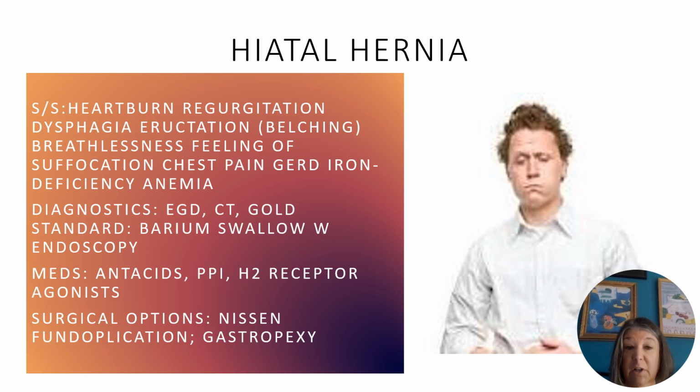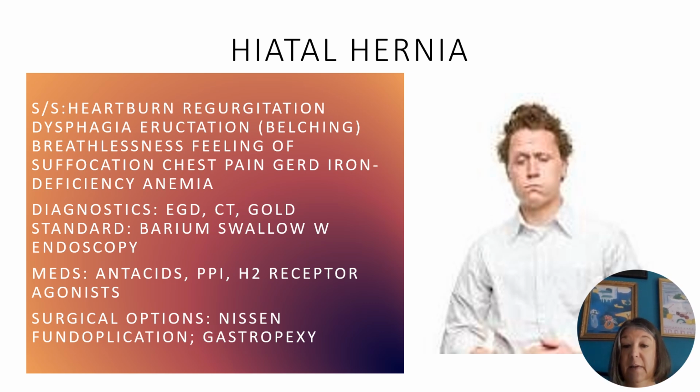Now, one of the interesting things, a surgical option for GERD and a hiatal hernia, especially if we can't get that GERD to stop, all right, is a Nissen fundoplication. So what they do is they pull around the bottom of the stomach and wrap it around the esophageal sphincter to reinforce it, okay?